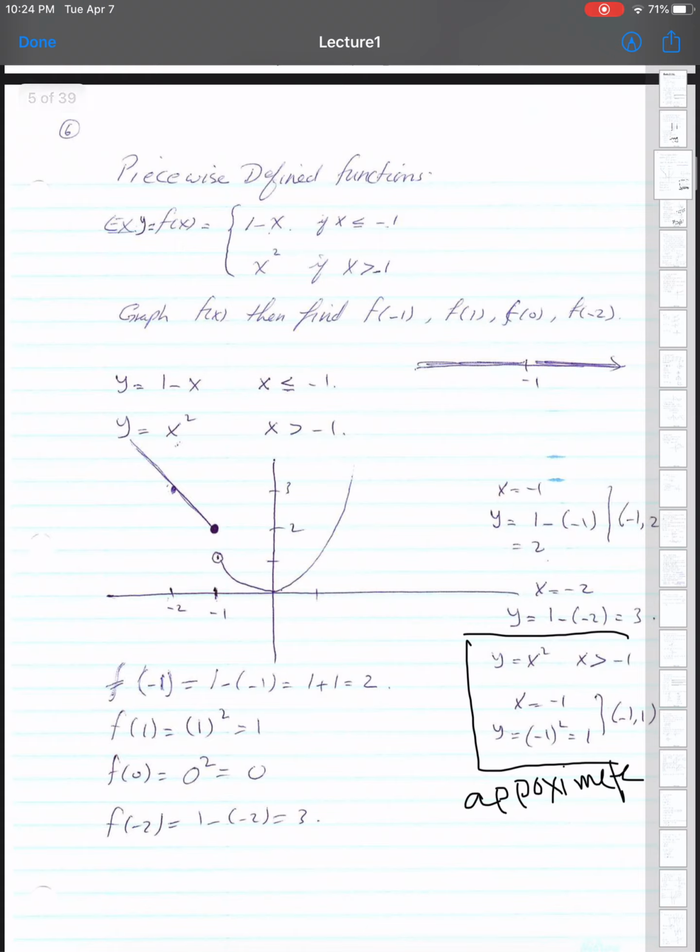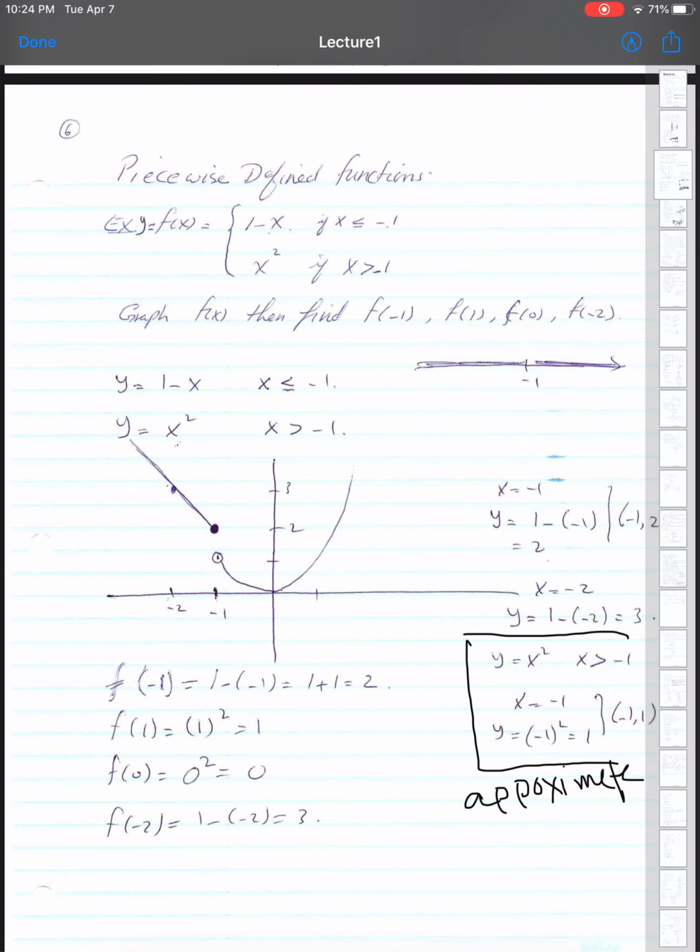Okay, this is a piecewise defined function. A few examples. There are two functions: 1 minus x, with domain x less than or equal to negative 1, and another function, x squared, for x greater than negative 1.